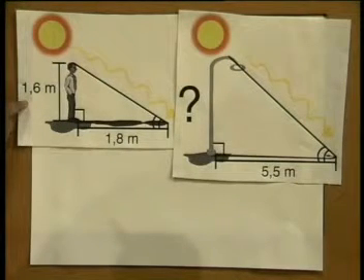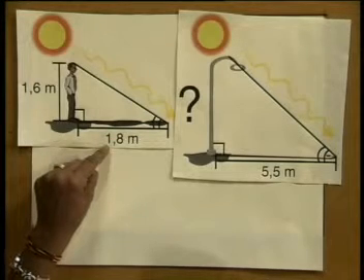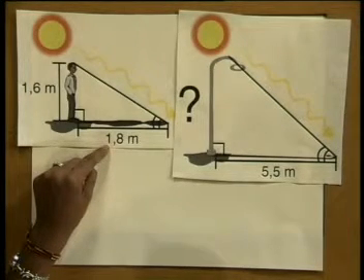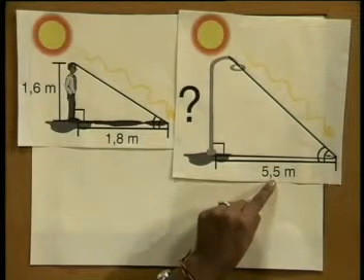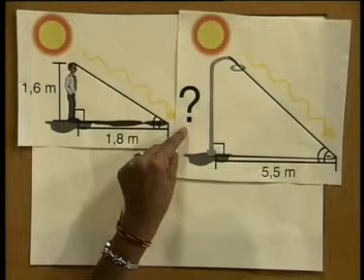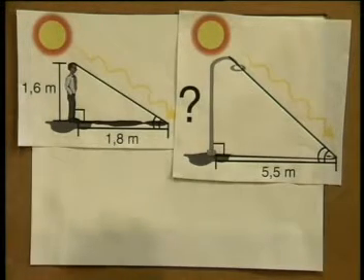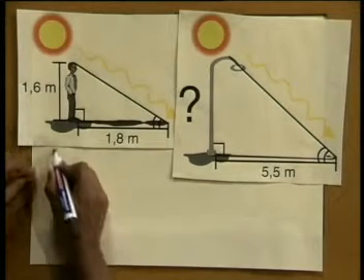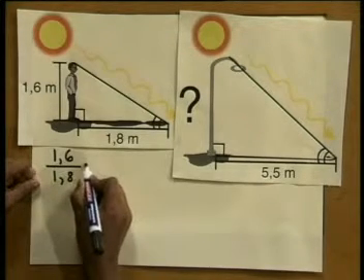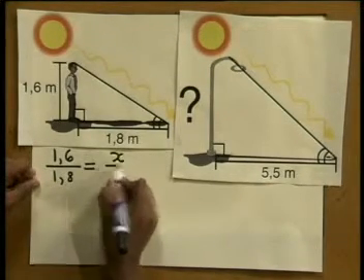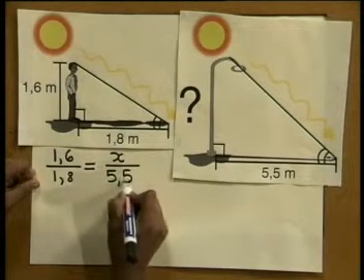So we can write down all the information that we are given about the lengths of these sides in an equation. We know that the man is 1.6 meters tall and his shadow is 1.8 meters long. And we know that the lamppost's shadow is 5.5 meters long. Remember, the unknown value is the length of the lamppost. Because we know the sides are proportional, we can write it like this. 1.6 divided by 1.8 is equal to x divided by 5.5.